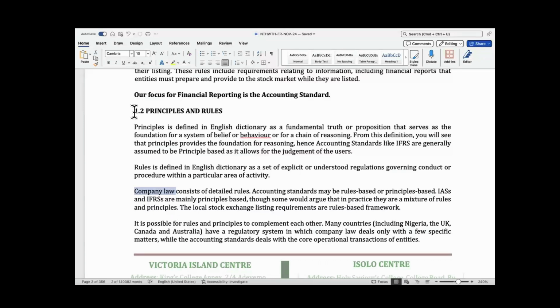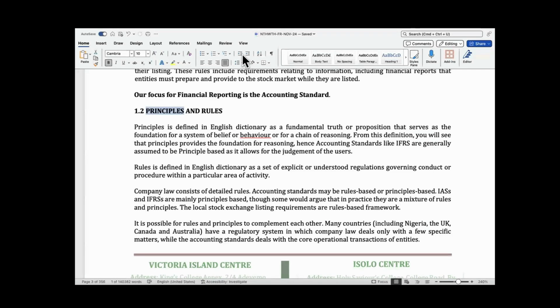Again, I asked this before for 5 marks. Explain principles and rules. What they want you to do is just to tell us what a principle-based framework is and an example of it. So I wouldn't expect you to cram this. I would just expect you to understand it, that anything principle is something that will only give you a general guide, and it is now left for you to apply your reasoning.